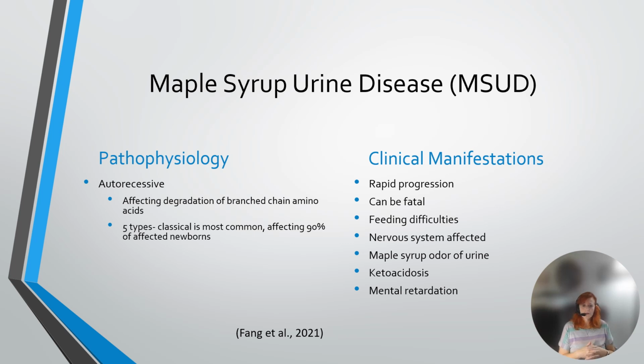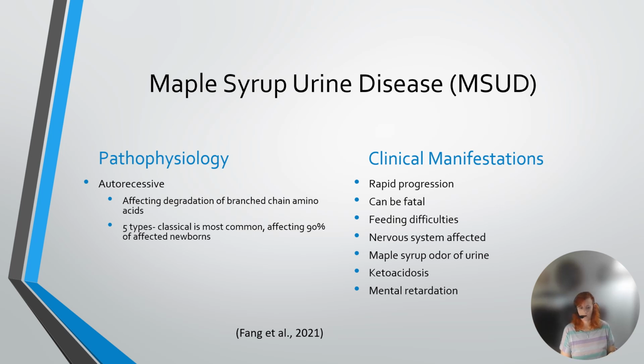All right, the next one we're going to discuss is maple syrup urine disease, another autosomal recessive. What that one is doing is affecting the degradation of the branched-chain amino acids in general. We do have 5 different types: classic, intermediate, intermittent, thiamine responsive, and dihydrolipoamide dehydrogenase deficiency.